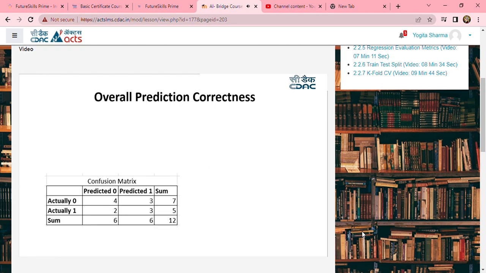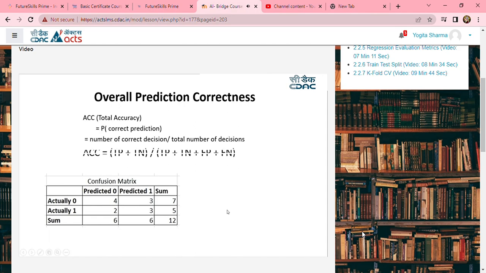Now, we already have seen how this classification confusion matrix is tabulated. Let us see now how the accuracy is calculated based on the classification confusion matrix. It is the number of correct decisions divided by the total number of decisions. That is, true positive plus true negative divided by the entire set of observations.